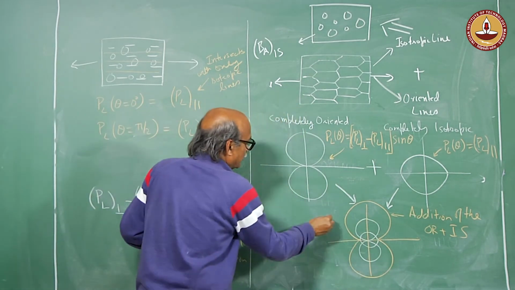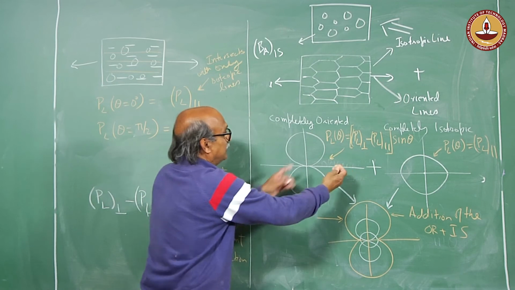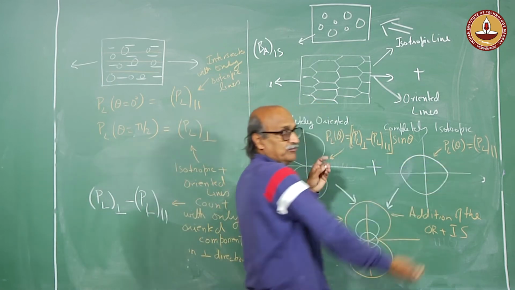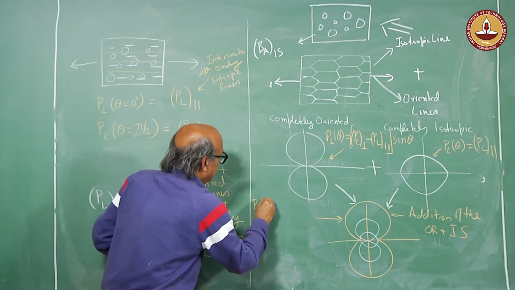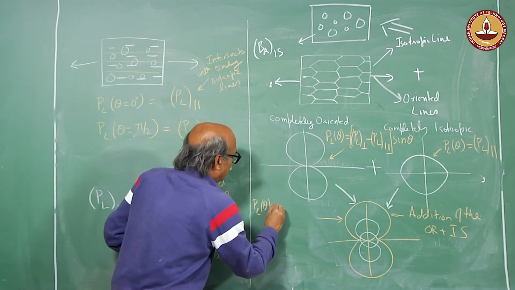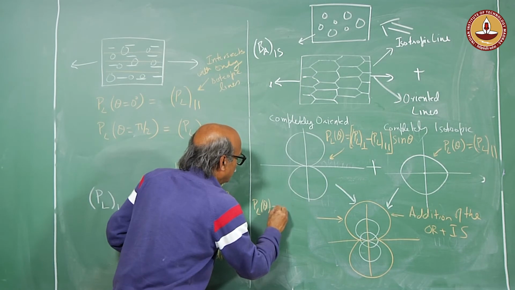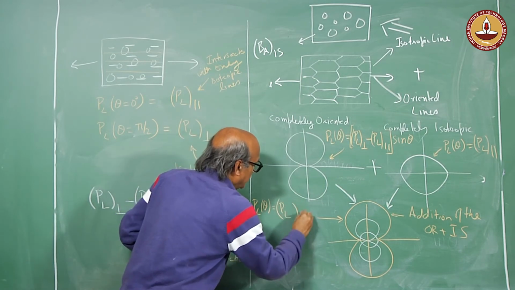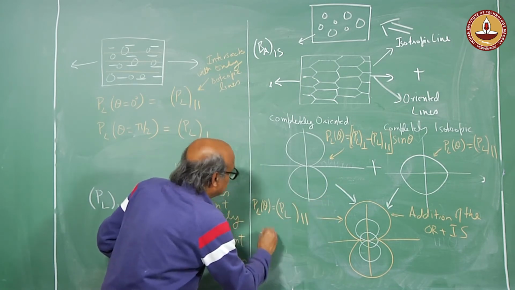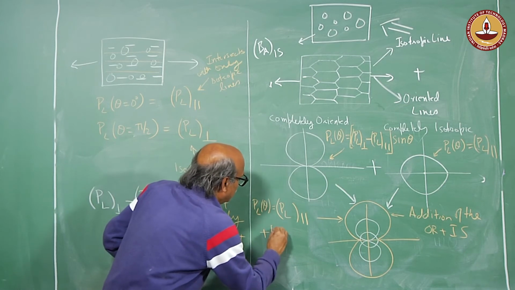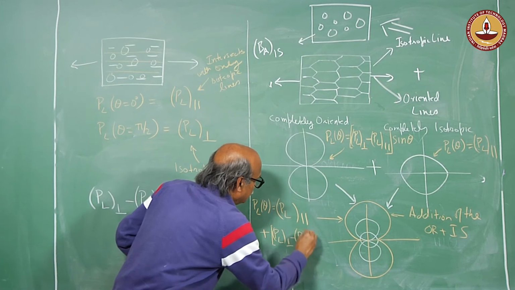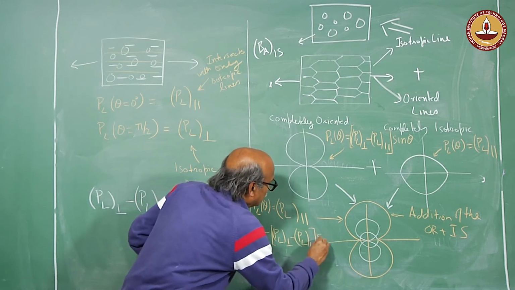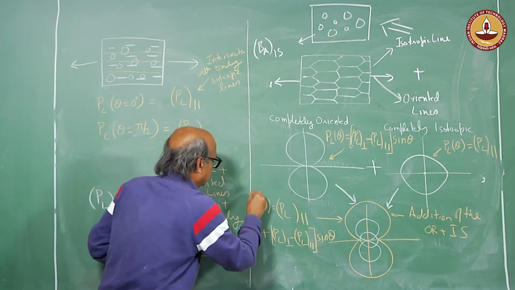And what would be the equation for such a plot? Well, it is just the sum total of these two. So, this would be PL theta equal to PL parallel plus PL perpendicular minus PL parallel times sin theta.